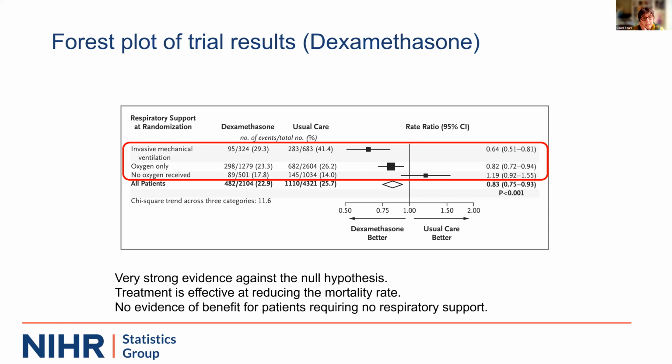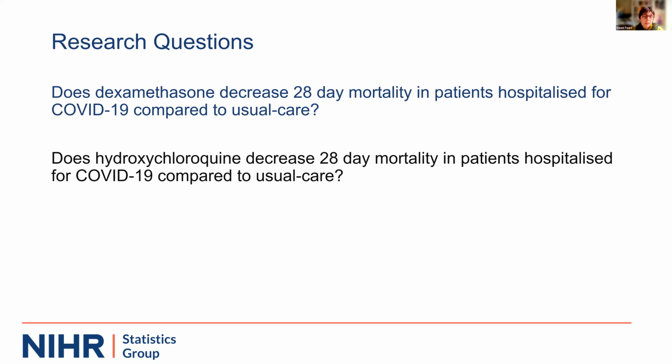Even though the confidence interval includes the null value here, and hence our p-value for that comparison from Alice's slide would definitely be greater than 0.05, because the confidence interval is very limited in how much benefit dexamethasone may have, this was felt to be a lack of evidence of the benefit of dexamethasone for this group of patients. So that result changed practice immediately, and dexamethasone was then given to patients that needed respiratory support.